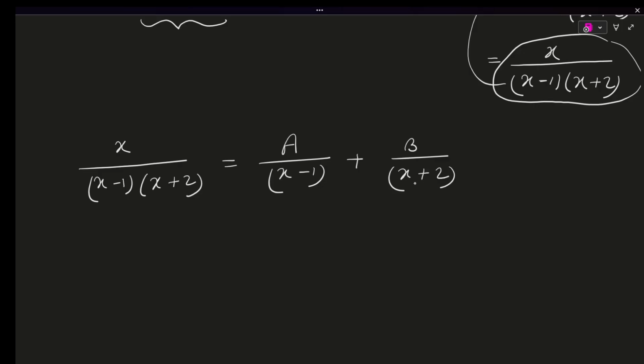You can write the denominators as you wish. Okay, so just simply cross multiply this: A into x plus 2, plus B into x minus 1, and in LHS we will just write the numerator.